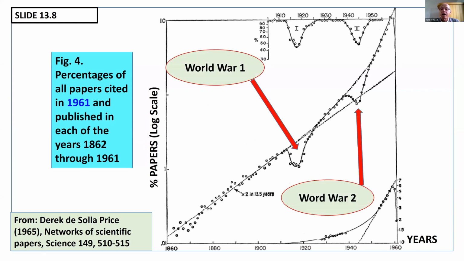What we see here are the signs of the First and the Second World War, in which apparently there was a lot less scientific production in terms of papers. And therefore, in 1961, we can see that there are relatively few citations to documents that were published during the wars.